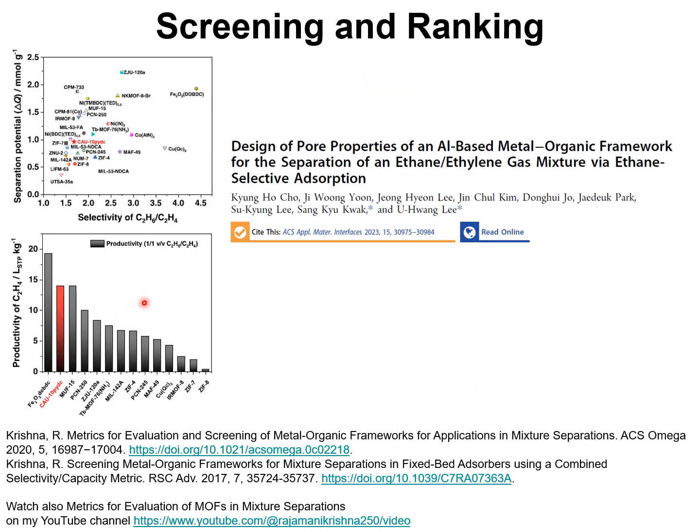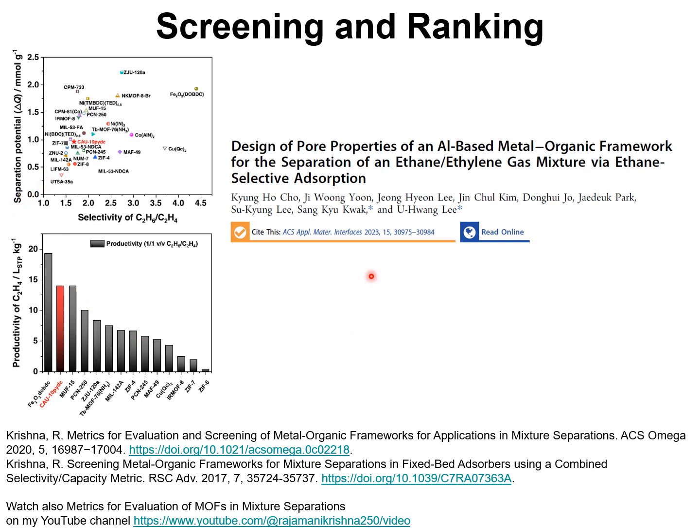It is becoming increasingly common to compare MOFs for a variety of separation tasks using the separation potential.